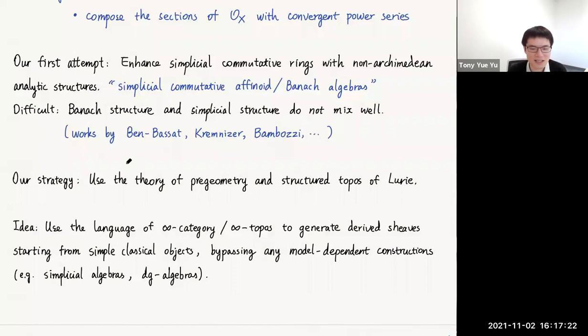We can completely circumvent these model-dependent questions. Okay, so now let me explain briefly what is the content of this theory.